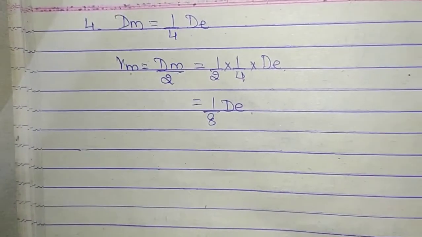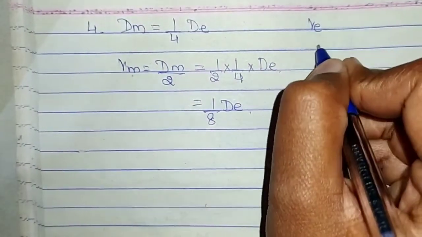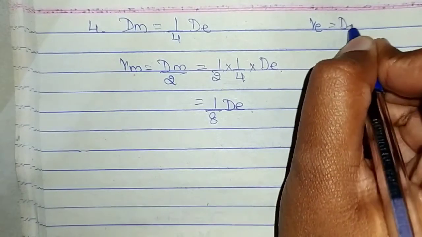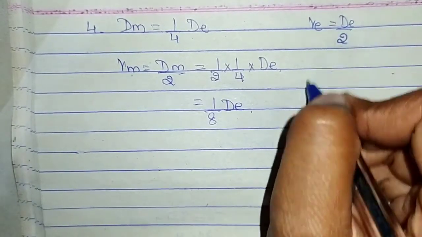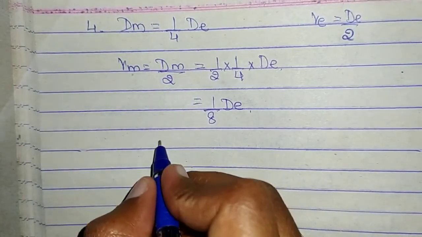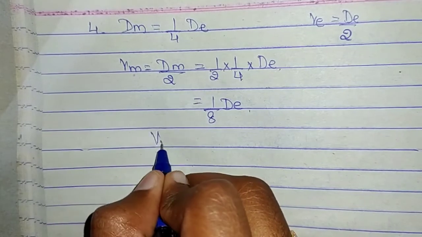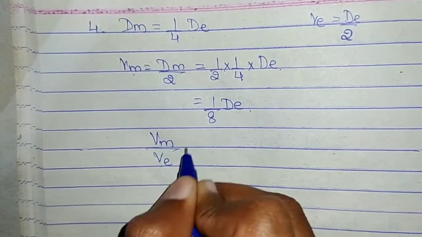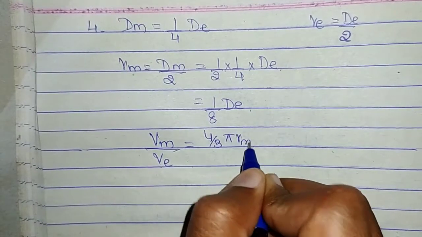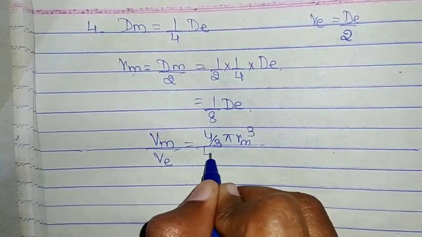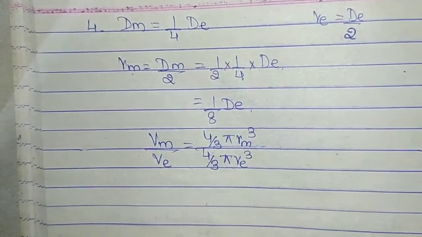Since the diameter of the earth has been given, let RE be the radius of the earth. So RE is dE by 2. Now let us go to the volume part. The ratio of the volume of the moon to the volume of earth is the volume of the moon, 4/3 pi Rm cube, divided by the volume of earth, 4/3 pi Re cube.